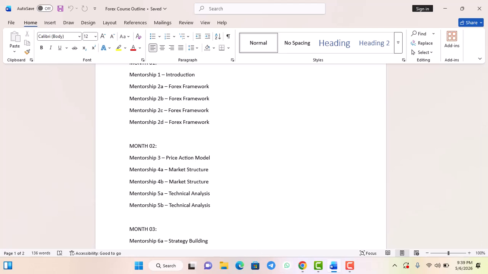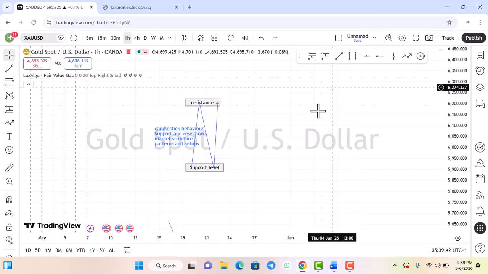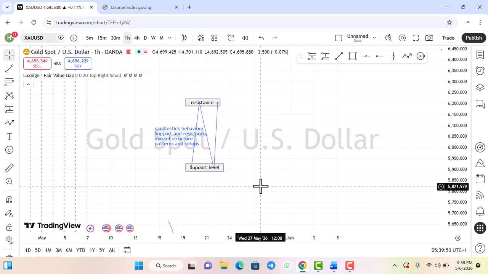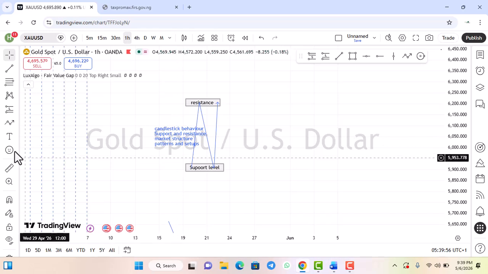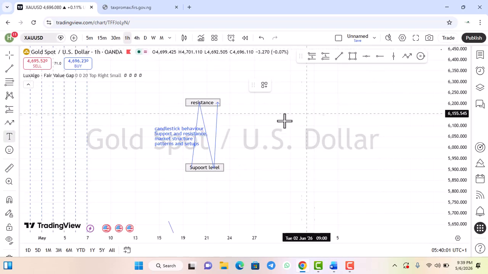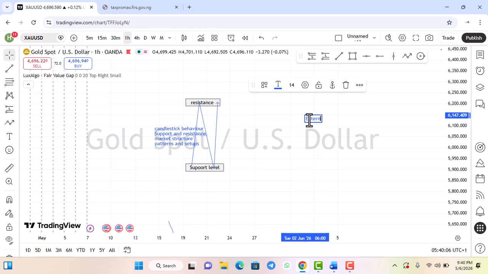So guys, let's get to the chart. Before we look at the context that reviews market structure, let us look at the three types of market structure. Number one, we have external market structure. Then number two, we have internal market structure.